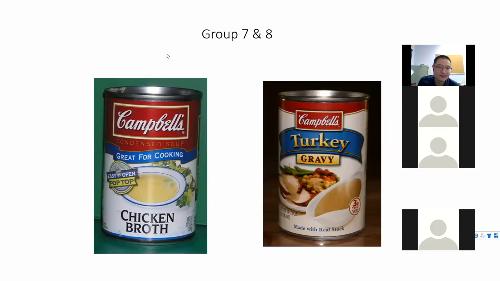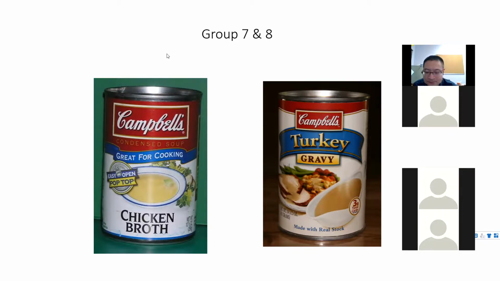So group 7 and group 8, you had the chicken broth and the turkey gravy. Let me ask group 7 first. Casey, Nolly, Patrick, and Reno. I was thinking you could do an aseptic process because it is a really thin liquid that could be pumped.